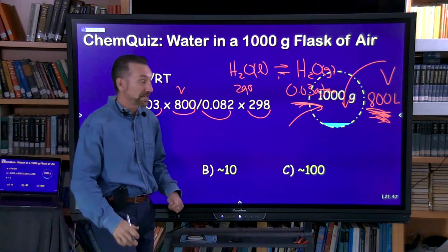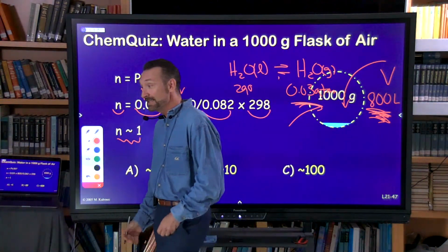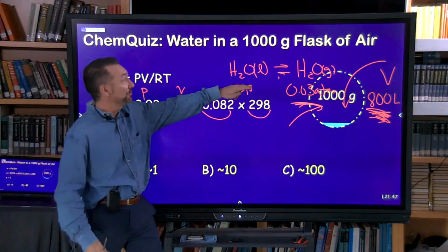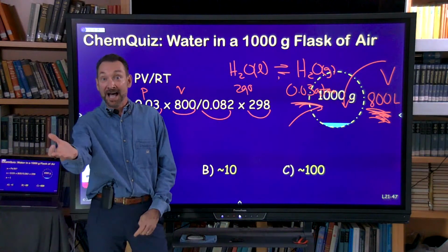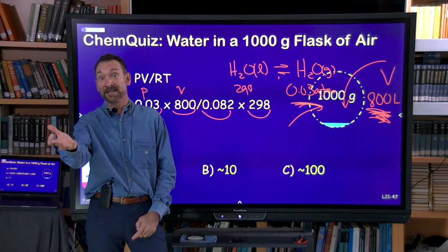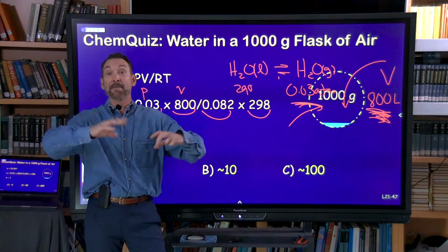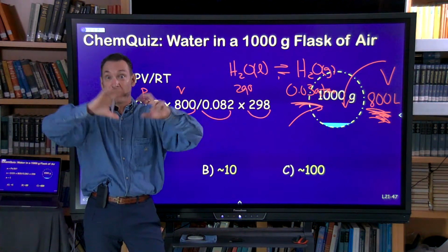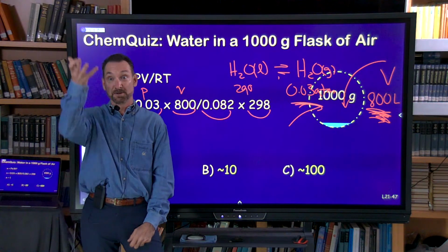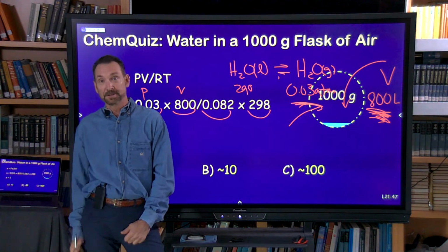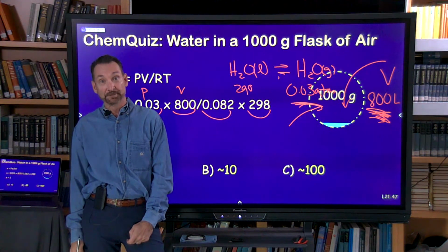One reason the moisture content is so important is that the reaction, H2O liquid going to H2O gas, is a 44 kilojoule per mole process. So that process is a very energetic process. If that's going to be forced to happen, that's going to influence what happens in the weather.